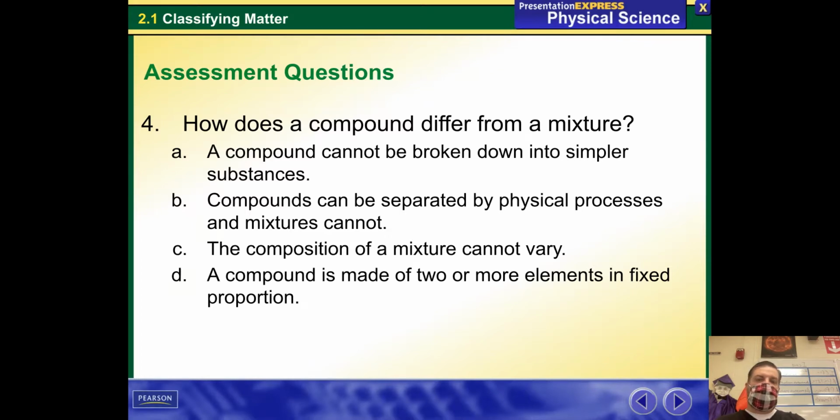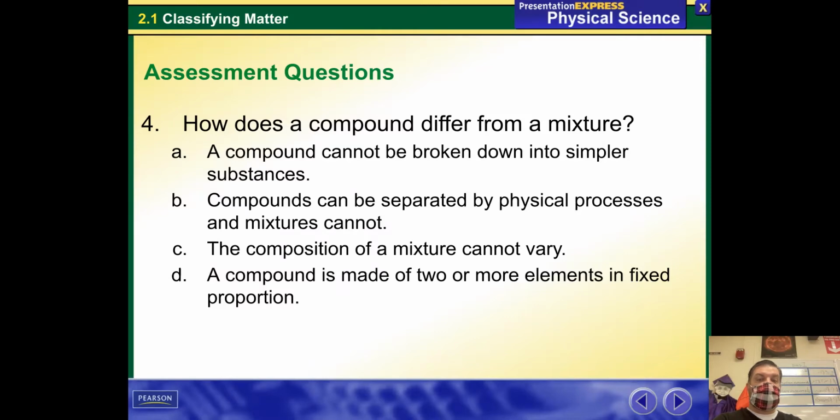A compound cannot be broken down into simpler substances. A compound can be separated by physical processes and mixtures cannot. Actually, I think that's the other way around. A composition of a mixture cannot vary. No, that's not true. It can vary. A compound is made of two or more elements in fixed proportions.